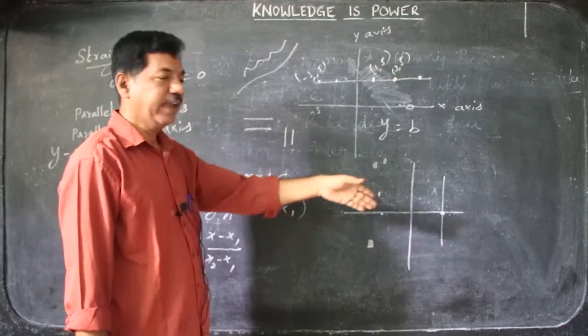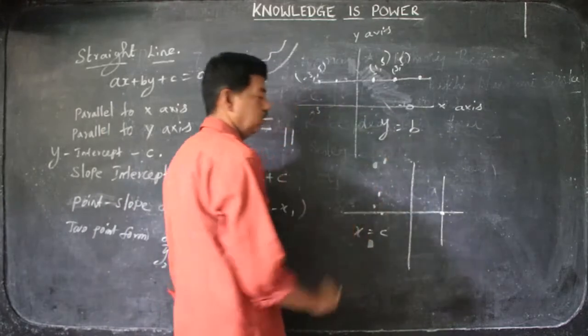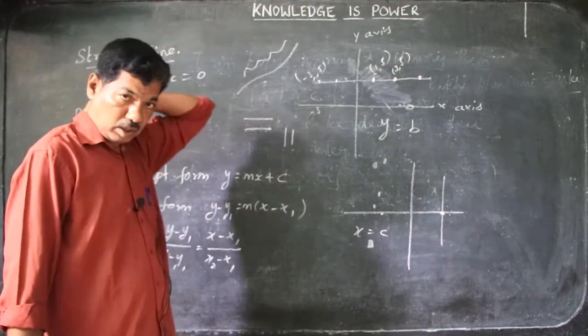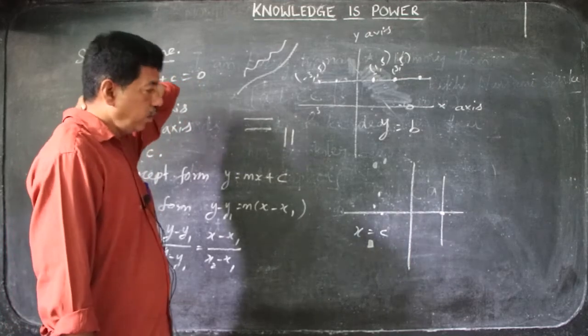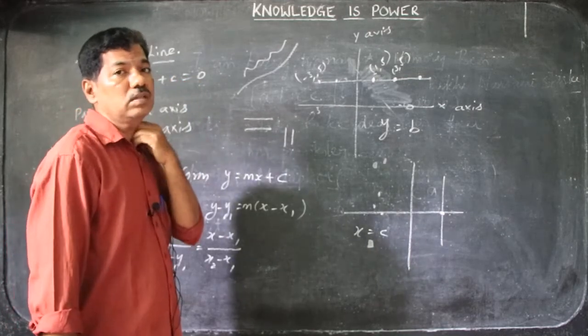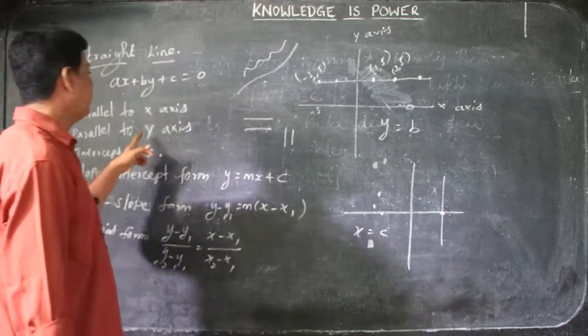But here the x value will be fixed. So x equal to c. Is it clear? So this is the way we have to mention the concept: parallel to x-axis and parallel to y-axis.